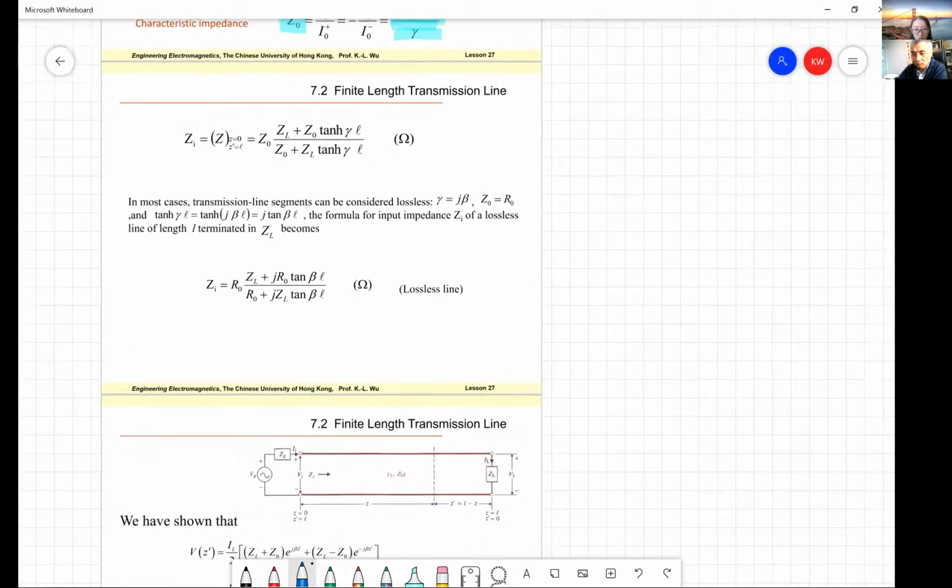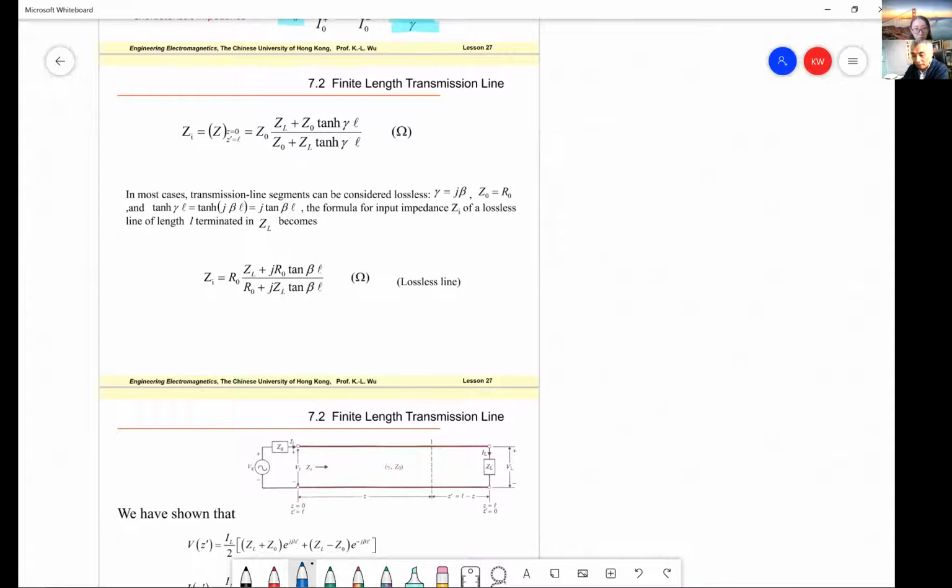And later on, we studied a finite length of transmission line loaded with an arbitrary load. This arbitrary load is complex, with a real part and imaginary part.